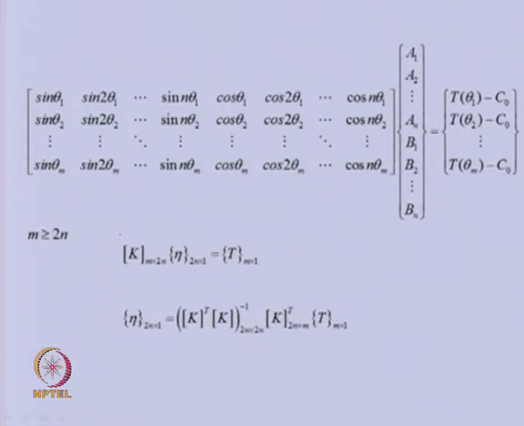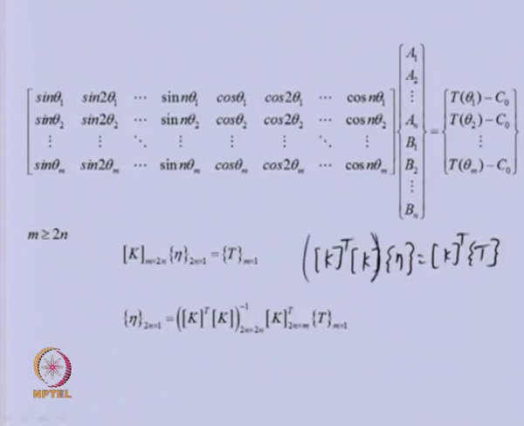So, we will be pre-multiplying both sides of this equation by the transpose of the K matrix. Now, you can see that this particular matrix will be a square matrix, and this can be inverted. So, this is the thing we have done here.